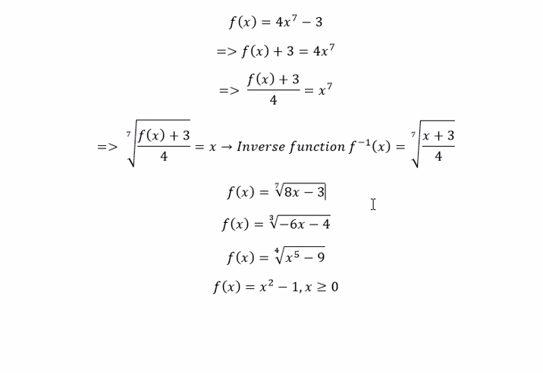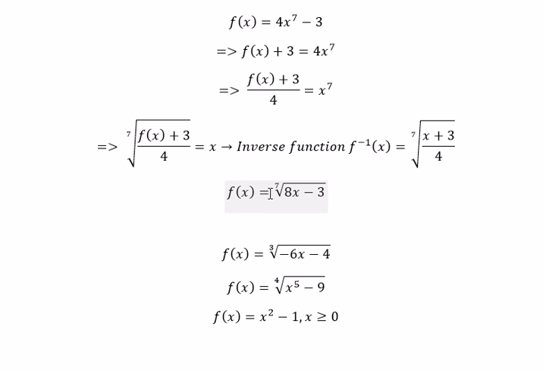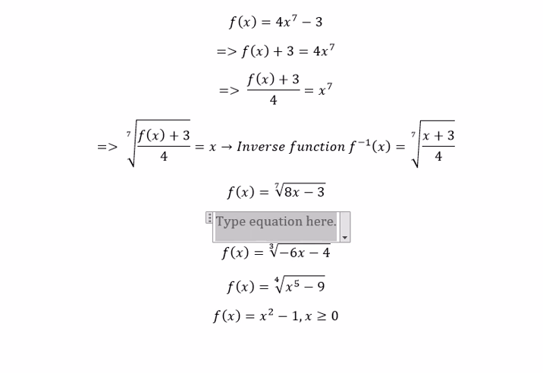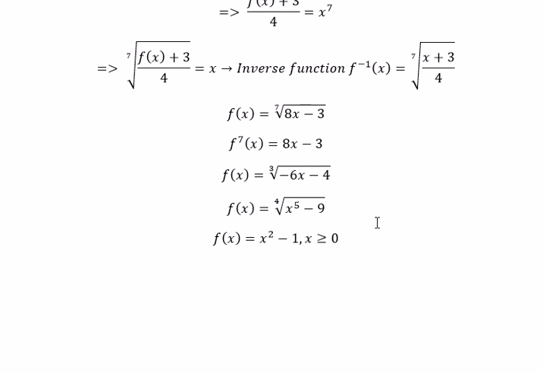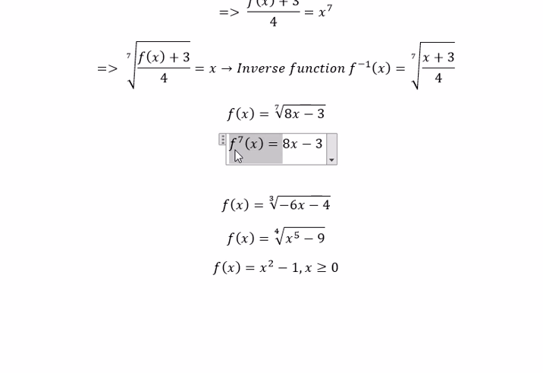Next, we put the power number 7. So we got f to the power of 7 of s. So we cancel the root. We move negative number 3 on the left. So you got positive number 3.